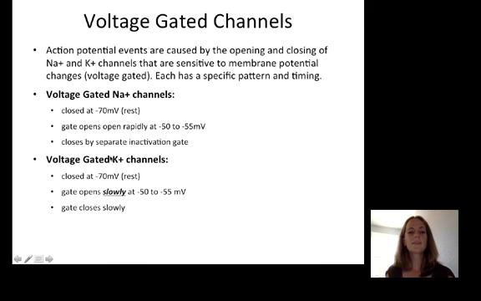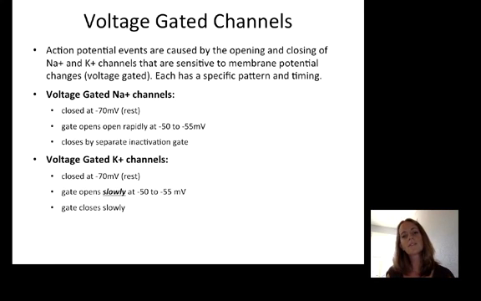To understand this, we need to add a little bit more about the voltage-gated sodium and potassium channels that are present in neurons. Action potential events are caused by the opening and closing of sodium and potassium channels that are sensitive to membrane potential.